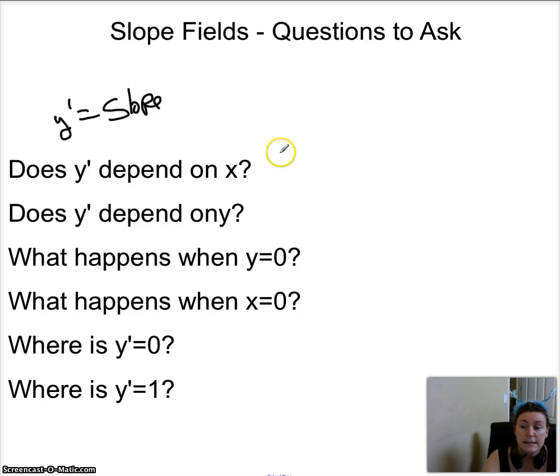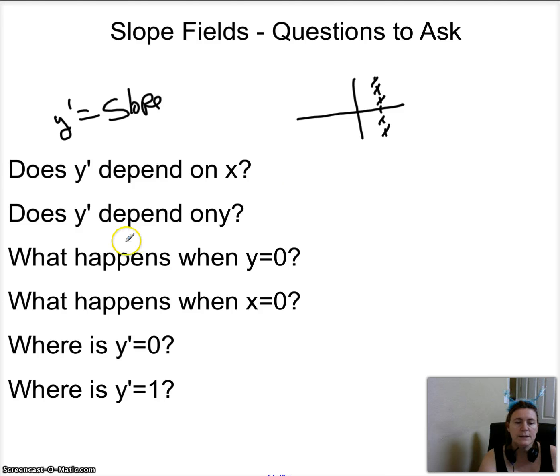If it does not depend upon x, then if x is the same value, all these slopes should be the same. Otherwise, they're going to change. Does the slope depend upon y? Well, if it doesn't, then for any given y, all of the slopes should be the same.